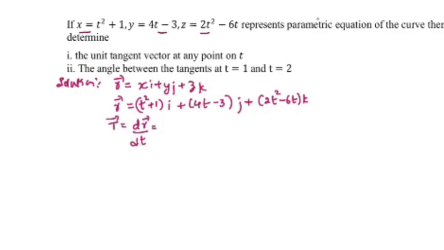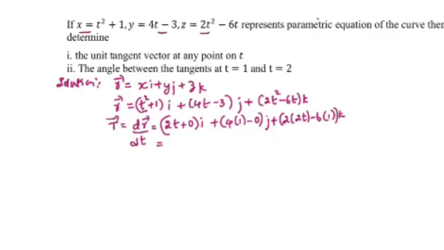So here, what is the tangent? Tangent is the differentiation of r with respect to t. So we'll differentiate: t square will be 2t, differentiation of 1 will be 0, i; 4t will be 4 times the differentiation of t, which is 1, minus constant will be 0, j; plus 2 times the differentiation of t square, which is 2t, minus 6 times the differentiation of t, which is 1, into k.